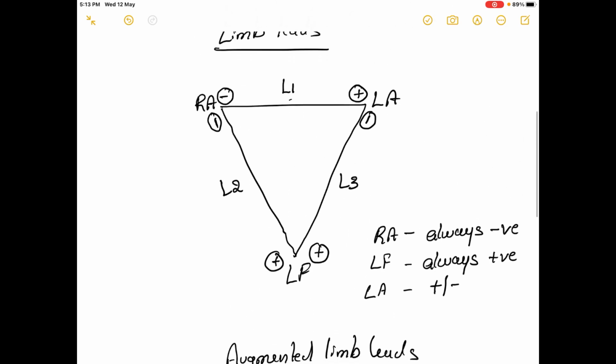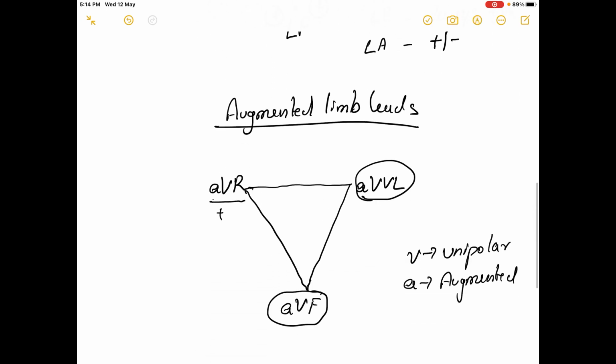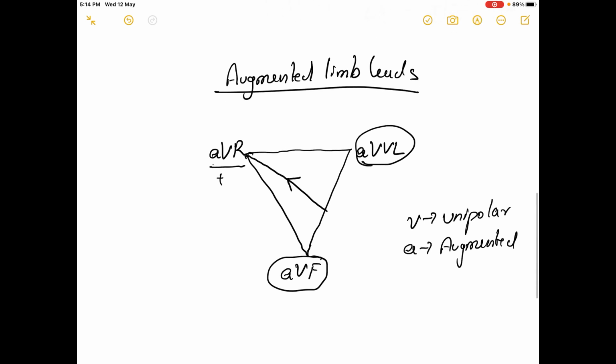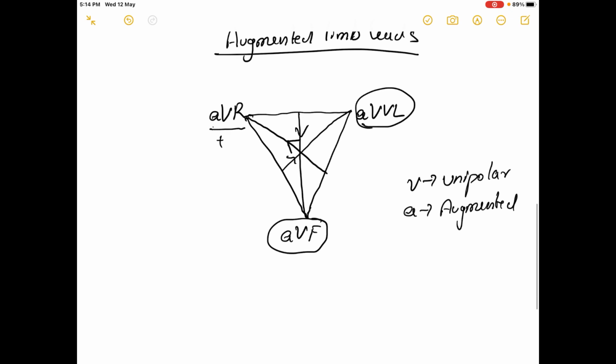In limb leads the current direction for lead 1, lead 2 and lead 3 went in these directions, whereas here the electrical activity is measured between the two indifferent electrodes. AVR will be between these two leads, AVL between AVR and AVF, and AVF between AVR and AVL. This is how we get the augmented leads.